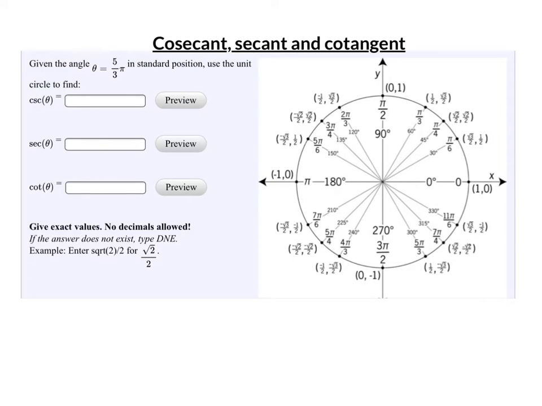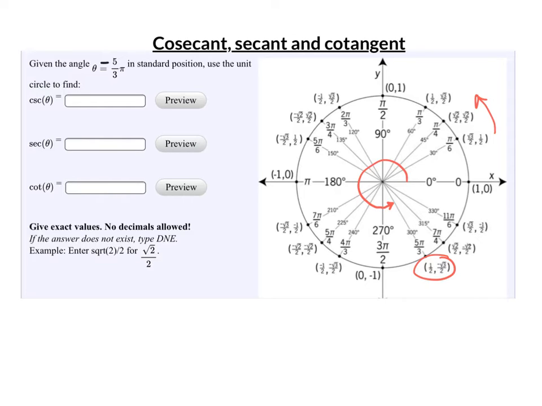Now I don't have a negative in here, I just noticed, so let's change this problem to negative 5/3 pi. And let's find the cosecant, secant, and cotangent. Well, notice that 5/3 pi, let's find that, 5/3 pi, that's clear around to here. It's 300 degrees. Now that's positive the way I drew it.